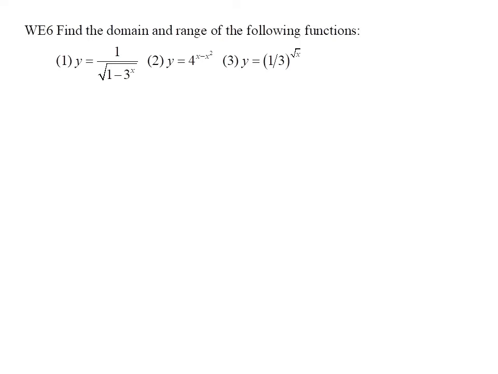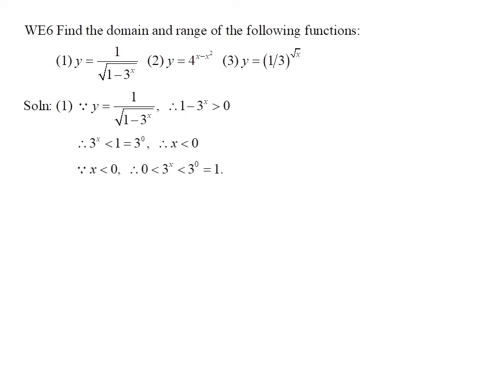Example 6 is to find the domain and range of 3 exponential functions. As for the first question, according to the function rule 1 over the square root of 1 minus 3 to the x, here 1 minus 3 to the x must be greater than 0. After solving the inequality, the domain of x is obtained, which is less than 0.